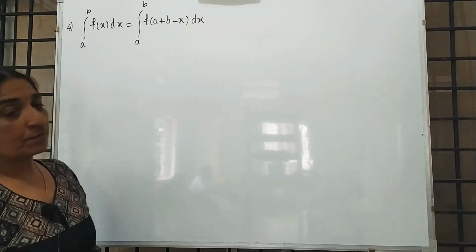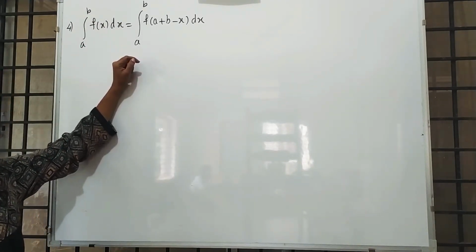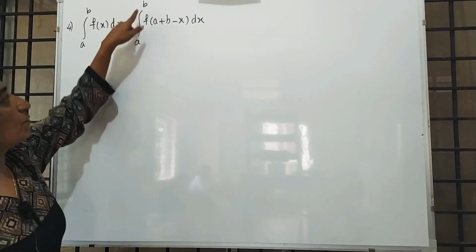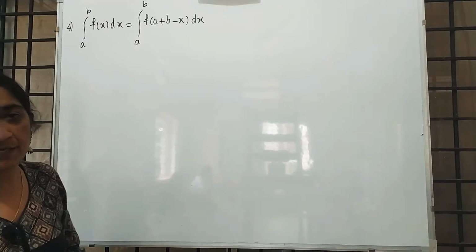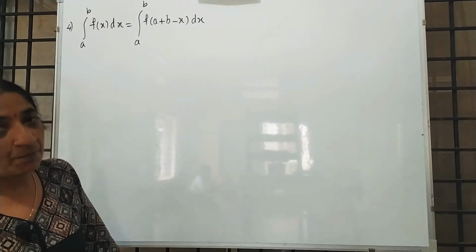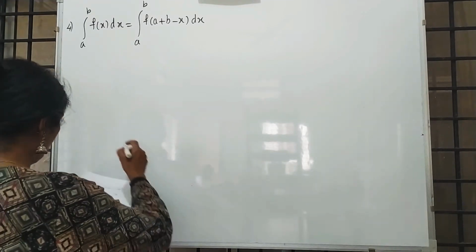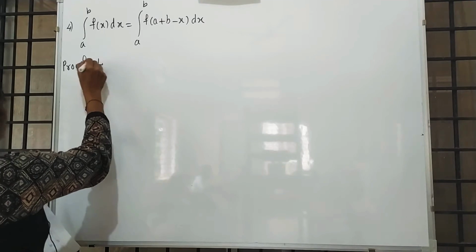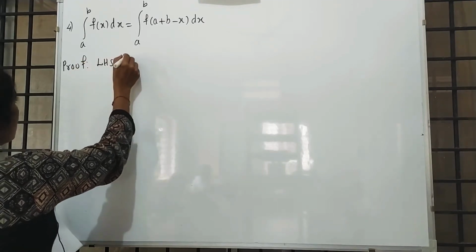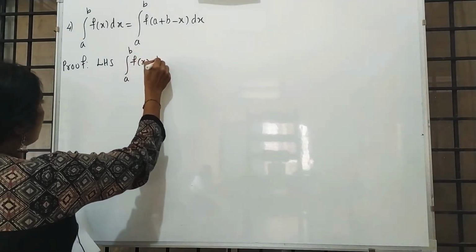See how to remember this: integration from a to b, f of x dx is equal to integration from a to b, f of lower limit plus upper limit minus variable. Lower limit plus upper limit minus variable, important property. So first write down the LHS. Integration from a to b, f of x dx.